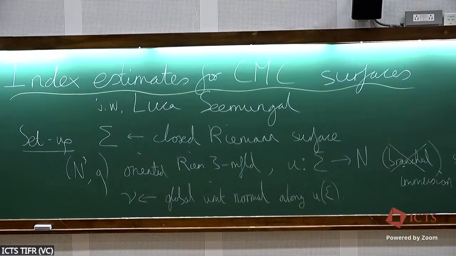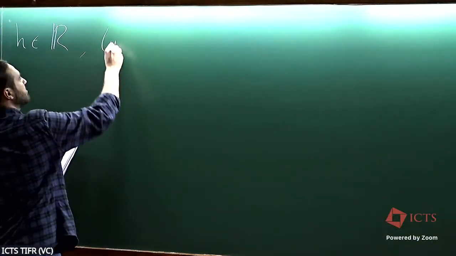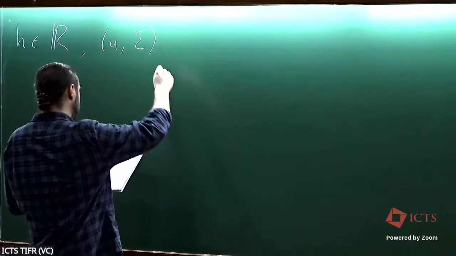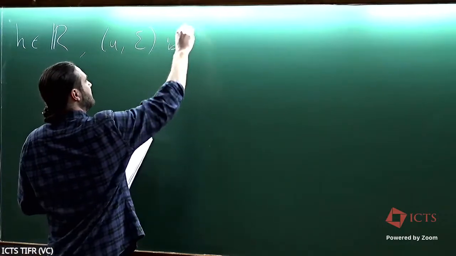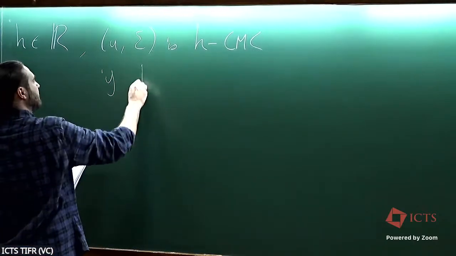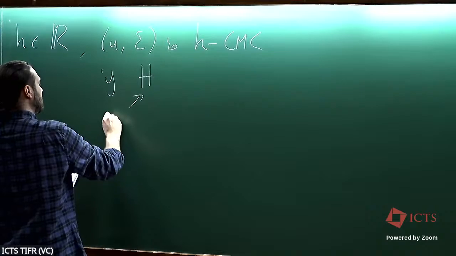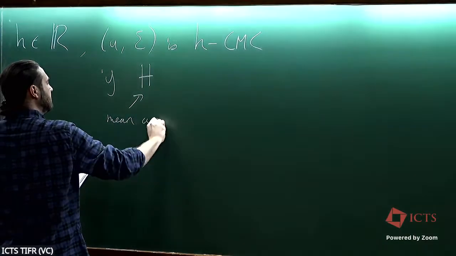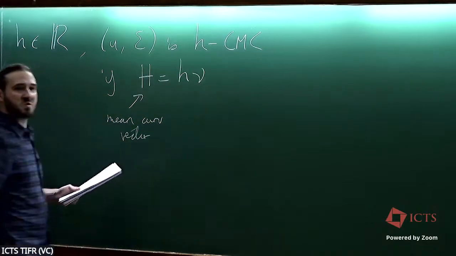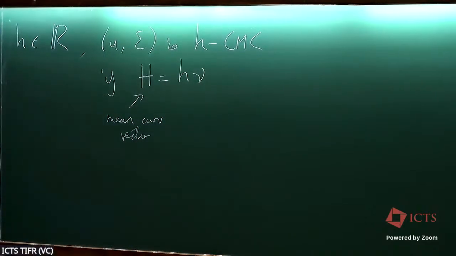So as we all know, given some H in R, I'm going to say that u from sigma is a CMC surface with constant H, I'm just going to write it like this, H-CMC, if the mean curvature vector of the immersion equals this constant times our choice of unit normal.